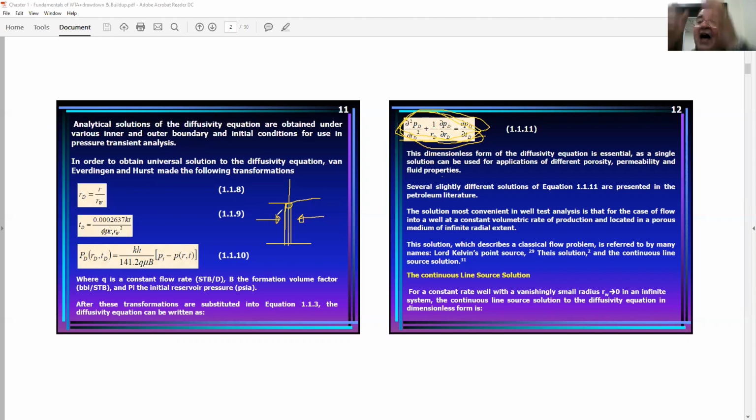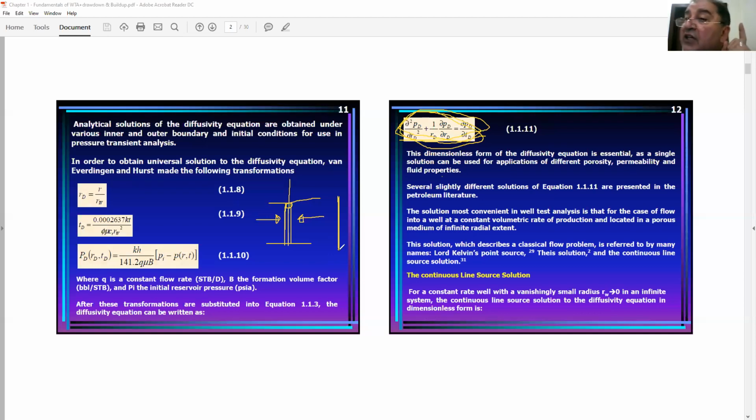So instead of having a cylindrical shape, we could have only the line. We can consider the wellbore just a line somewhere in the porous medium, and the fluid is going to move toward this line, and this line does not really have the same radius as the wellbore.